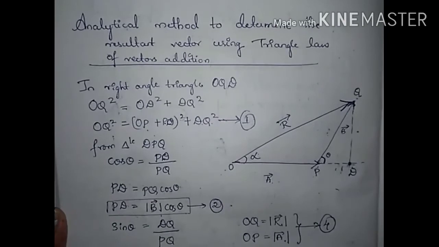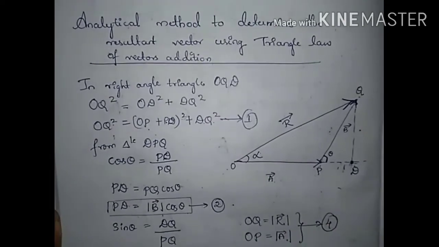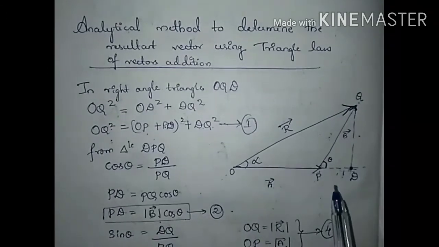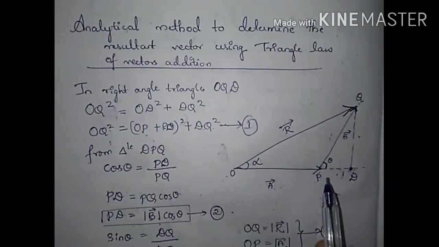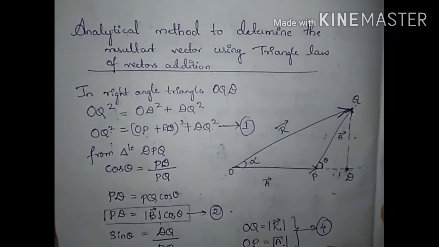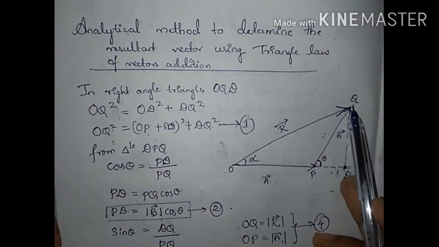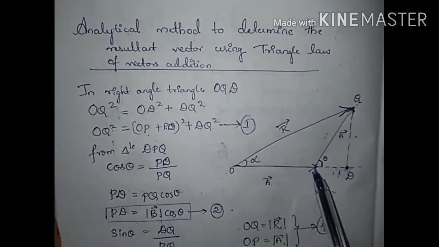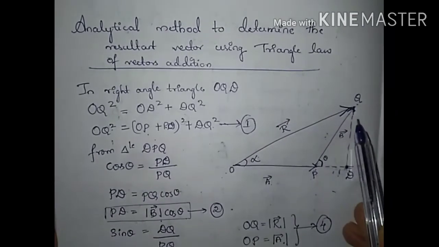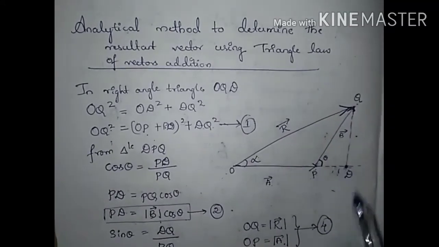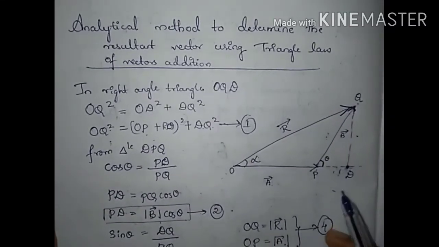In this derivation, we have taken two vectors, A and B, and kept them as two sides of a triangle, and the third side of the triangle gave us the resultant vector. From the point Q, we have drawn a perpendicular line, and the OP line is extended such that QD and PD meet at a point given as D.